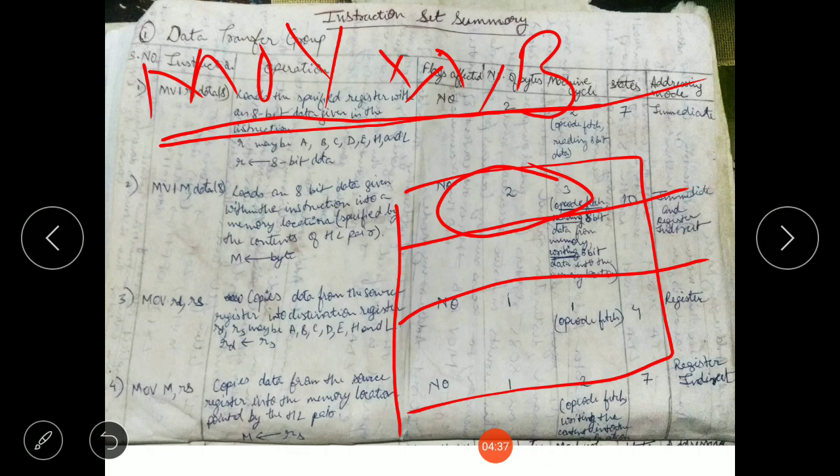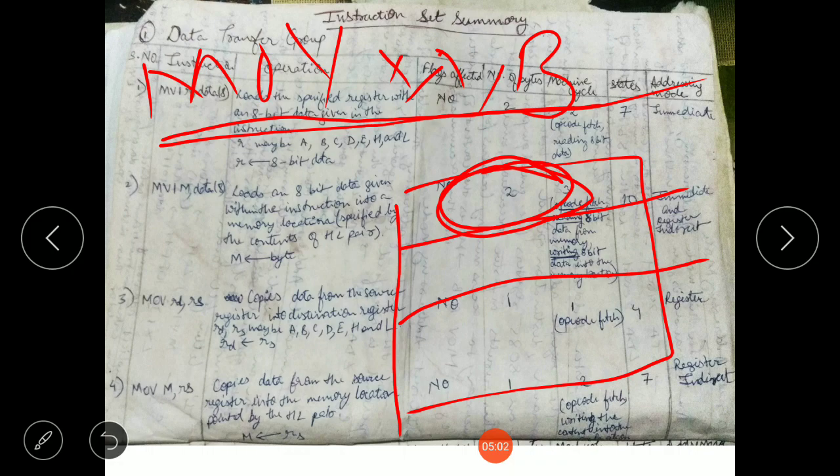Machine cycle has no relation with the number of bytes. This instruction is of 1 byte, and it will use 1 byte of memory for its storage.